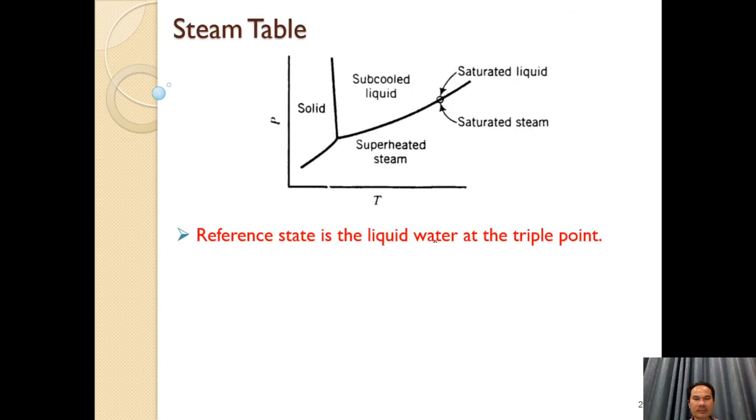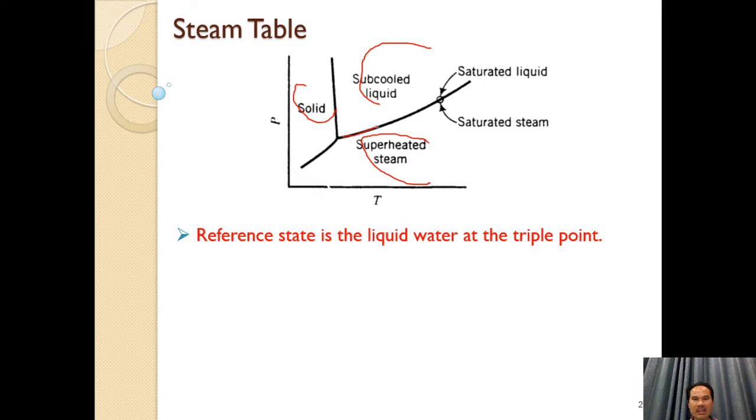The steam table, right? In the steam table, we talk about the vapor, liquid, and solid forms, which we talked about earlier in the multi-phase system. For example, in a PT diagram, this is solid, this is subcooled liquid or liquid phase, and this is the superheat state.